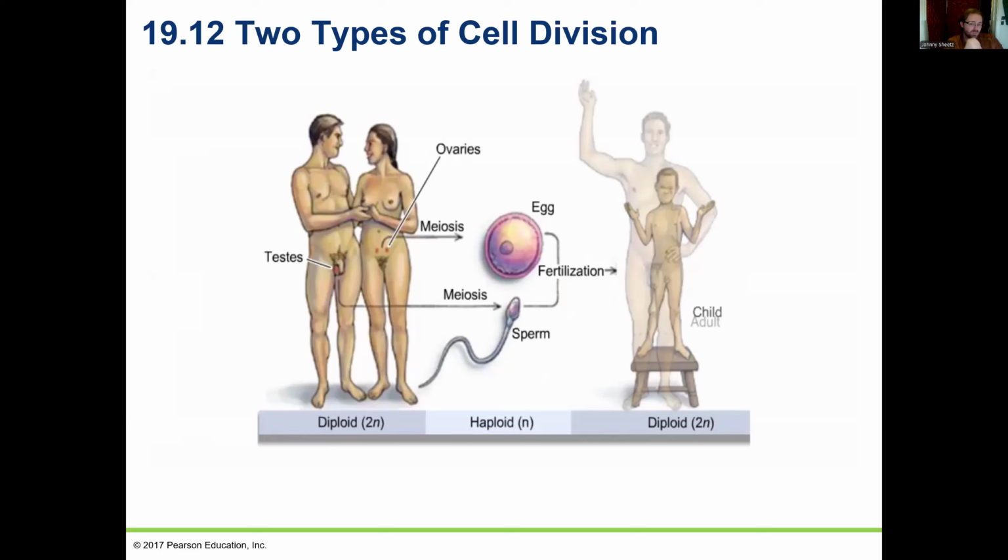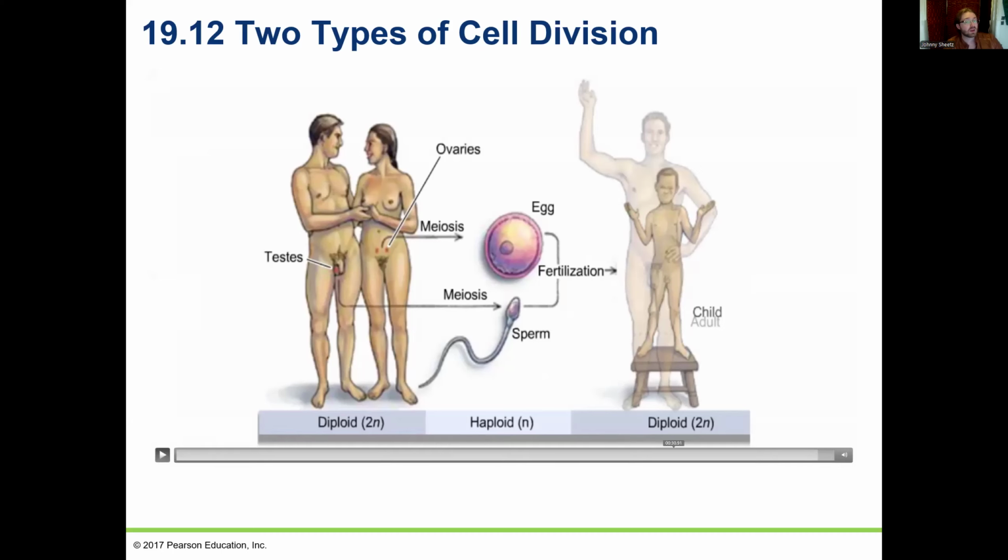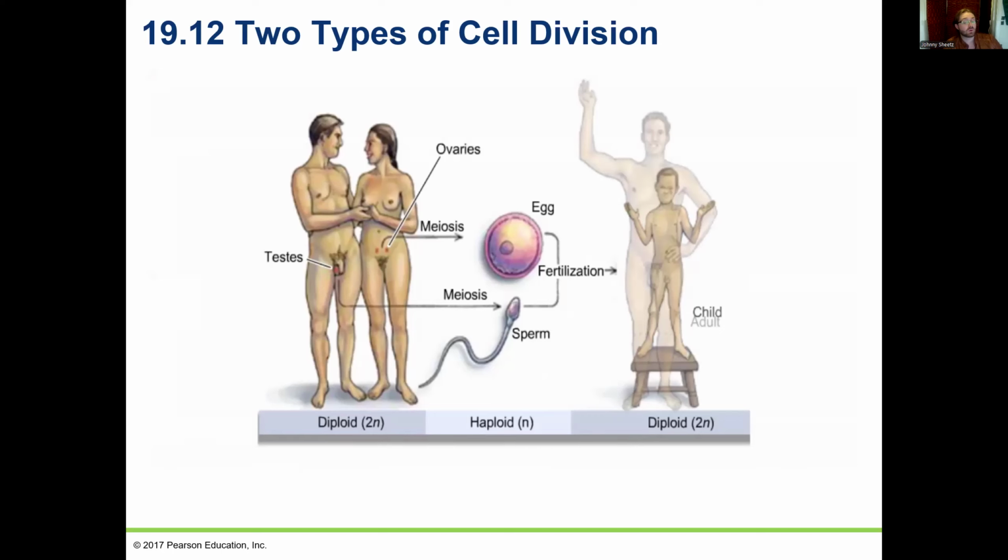Now, a haploid cell, a cell that only has 50% of its DNA, cannot fulfill all the functions of a cell. So the egg and the sperm fuse together to get us back up to the diploid number. One copy from mom, one copy from dad, which in turn allows this complex to grow into a full organism, a human.